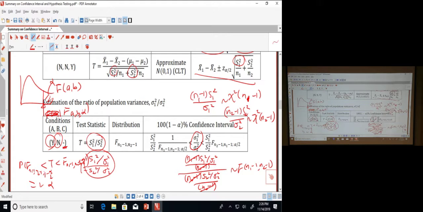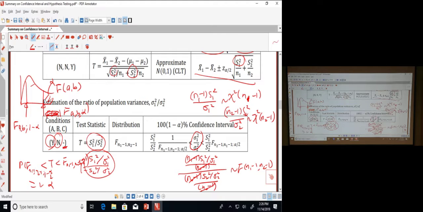But what is the point where the probability of being bigger than this value is 1 minus alpha? The usual statistics table will not give this one because they assume that you know this, which I also assume.